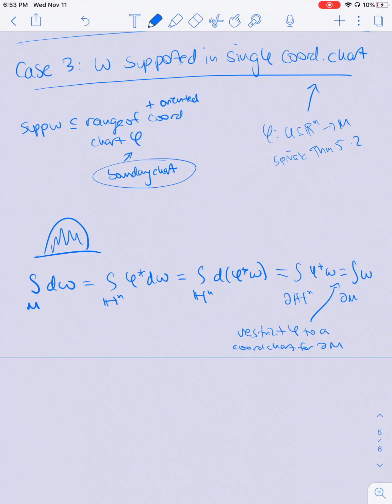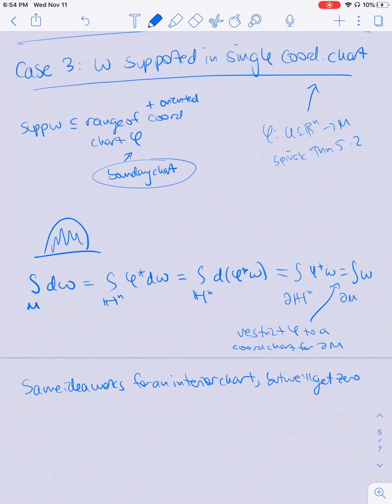It's just that everything will be 0. So the same idea works for an interior chart, but we'll get 0. So that's what we want.